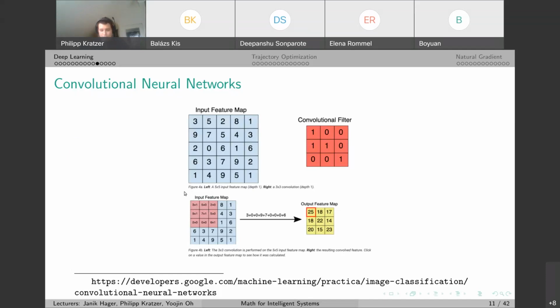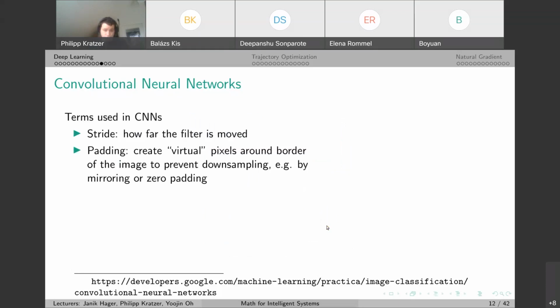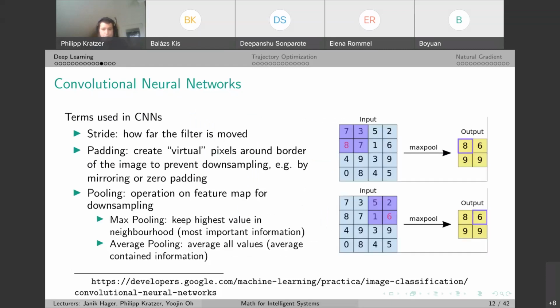But this has the disadvantage that at the borders, we only apply the filter in a single position, whereas this value is used multiple times to compute a feature map. So what we can do is use padding, meaning we put virtual pixels around the border in order that we can compute this too. There's zero padding where just zeros are put around, or there could also be mirroring where we mirror what's in the image.